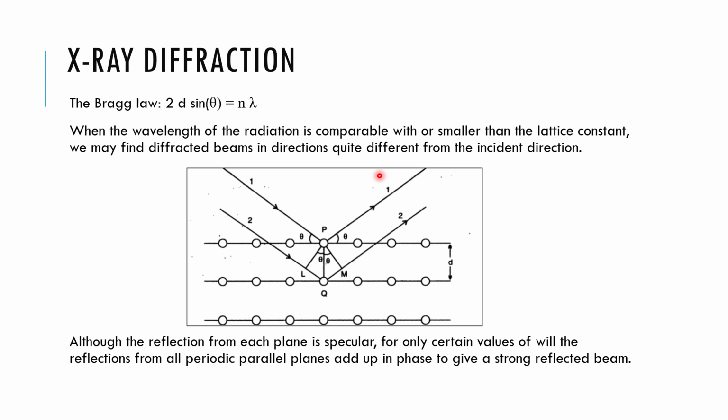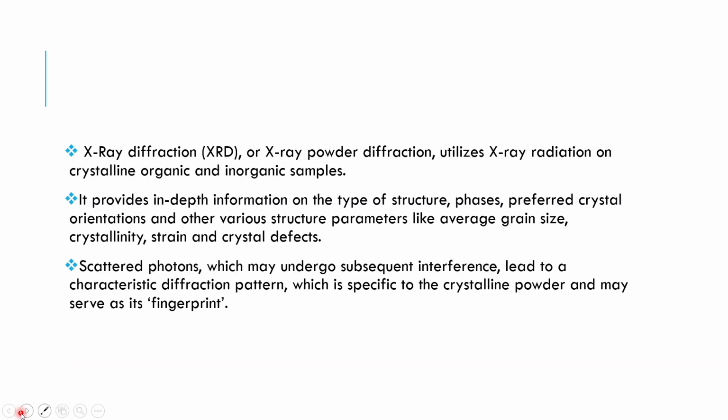We get a pattern with many dots formed, and using a detector we can find the intensity of the bright and dark spots. X-ray diffraction is used to know the structure, phases, preferred crystal orientations, and other structure parameters such as average grain size, crystallinity, strain, and crystal defects. It also serves as a fingerprint, since every crystal structure is unique.